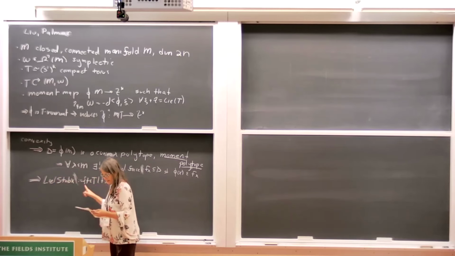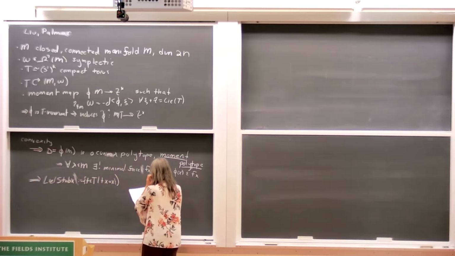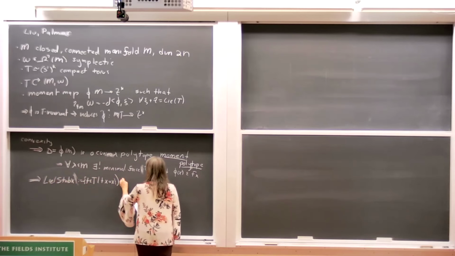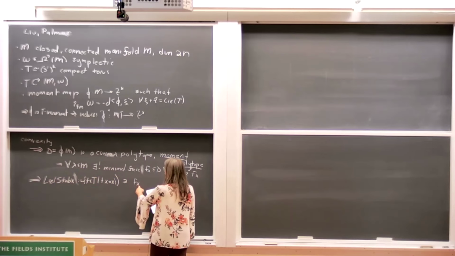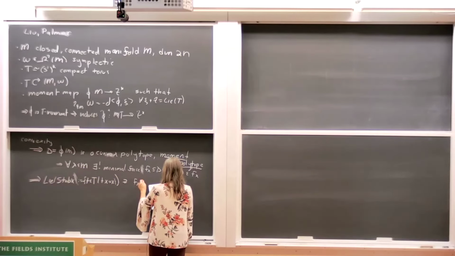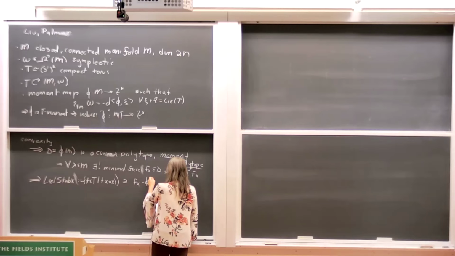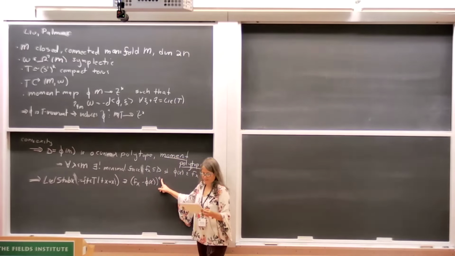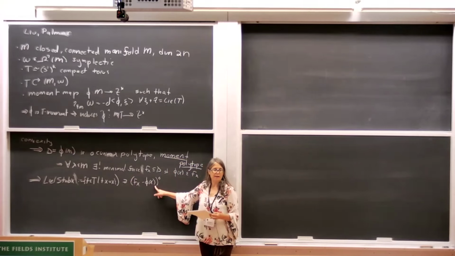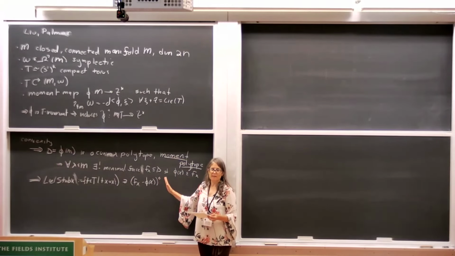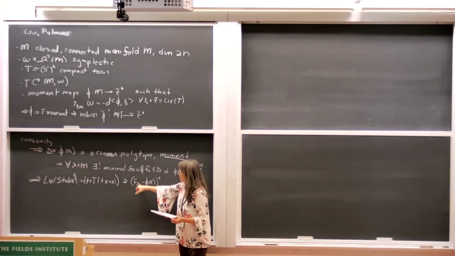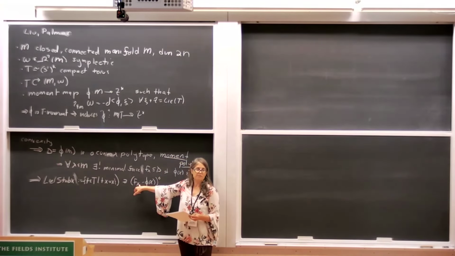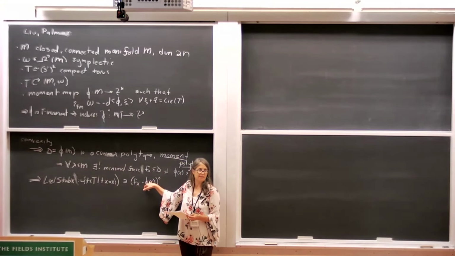And if I take the Lie algebra of that, this always contains, if I take the face containing phi of x, and subtract phi of x, then this is through the origin, so I can take its annihilator. And this gives me a subset of the Lie algebra. This is maybe a little hard to read, but the important thing to think about is what happens if you have a vertex. If you map to a vertex, then it must be fixed.